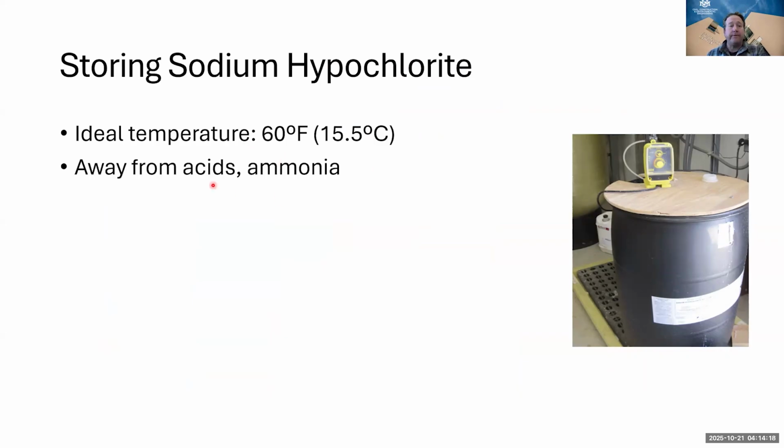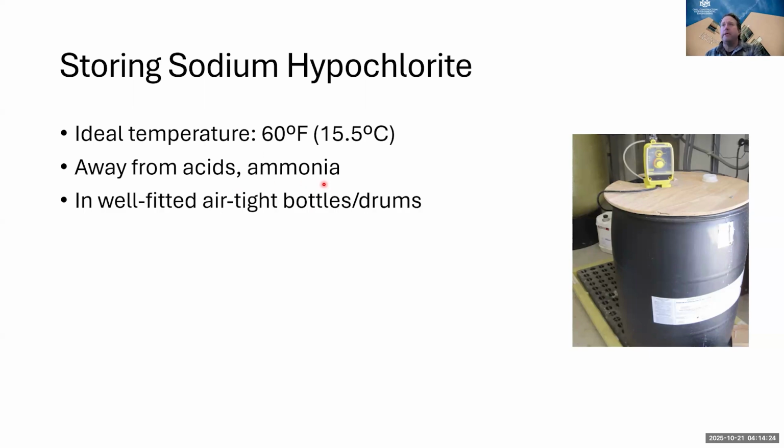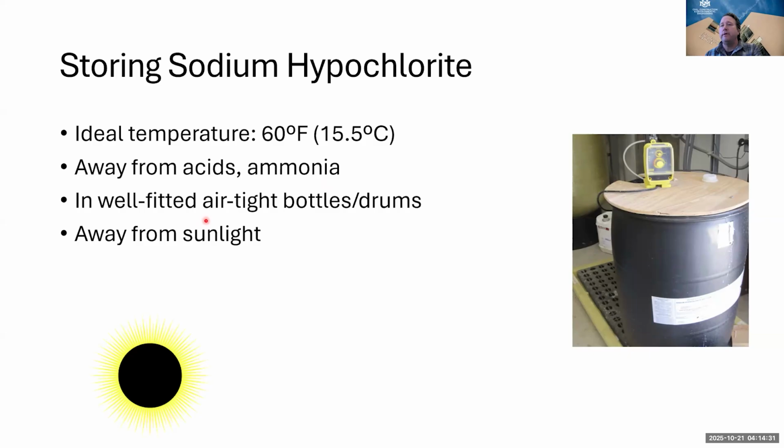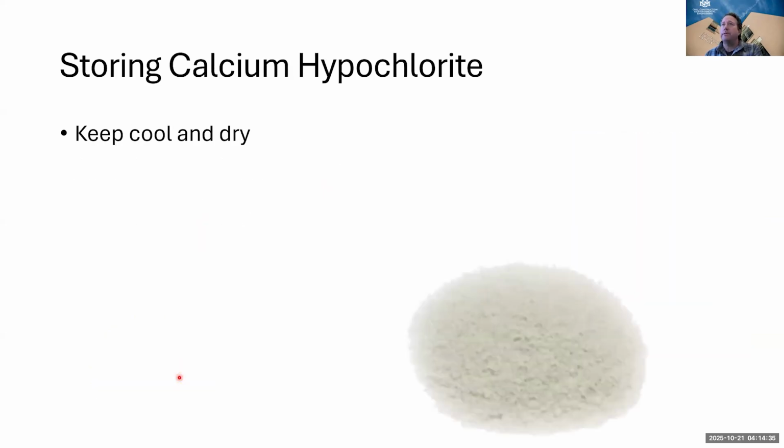You want to keep it away from acids and ammonia so that you don't have those reactive substances together. It needs to be in well-fitted airtight bottles and drums. It shouldn't be open to the atmosphere. And again, keeping it away from those UV rays is important.